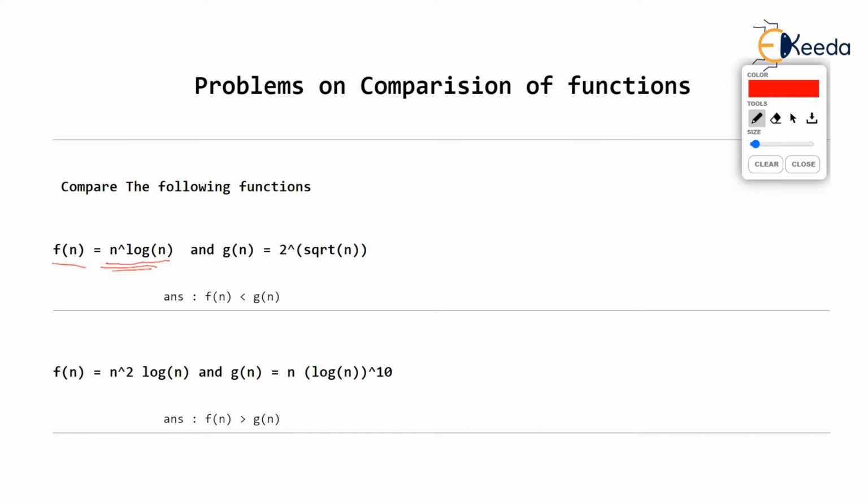Now you all remember that if the base of the log is not given, then you assume it is to the base 2. All logarithms are to the base 2 unless specified. So this is n raised to log n, and g(n) is 2 raised to square root of n. Now you are asked which of the two functions is larger, f(n) or g(n).